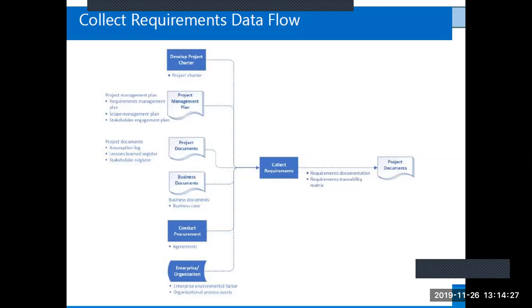So you apply a lot of techniques. Of course, the output of collect requirements is requirements documentation and requirements traceability matrix. So you collect requirements and diagram them or formulate them into a matrix where you can trace those requirements, link them to their features and functionalities in the product.